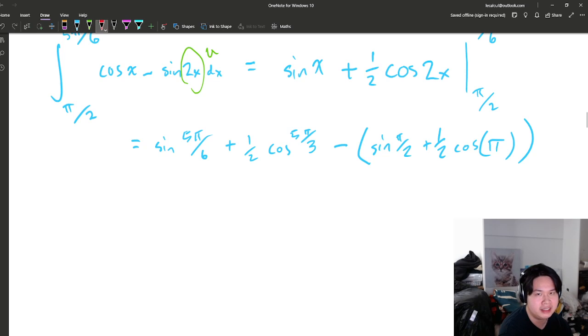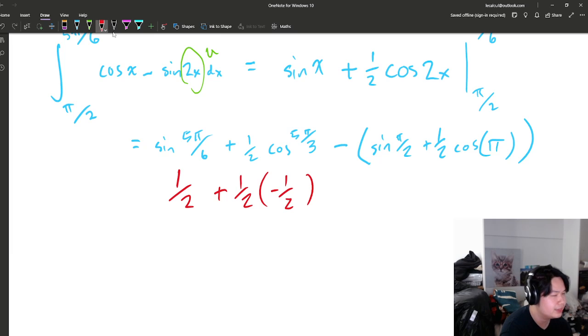Okay, and then you got to know your special angle ratios. We just said that this one was 1/2. So this is plus 1/2 times, I think this is negative 1/2. Minus, this is 1. And then this is negative 1/2, right? Yeah.